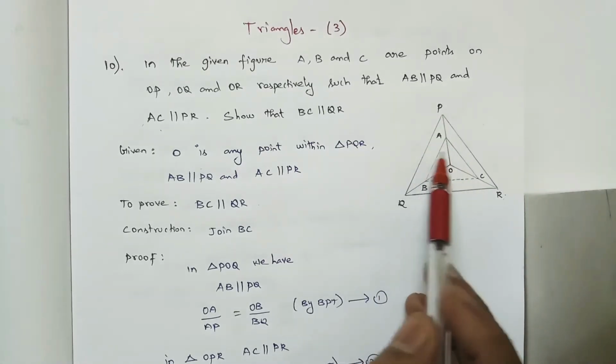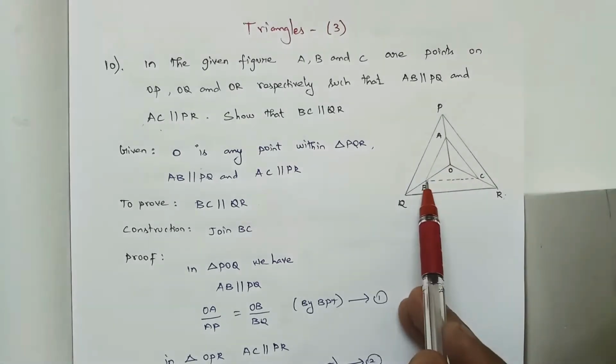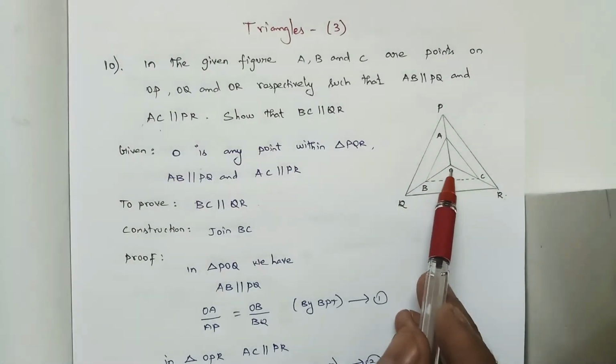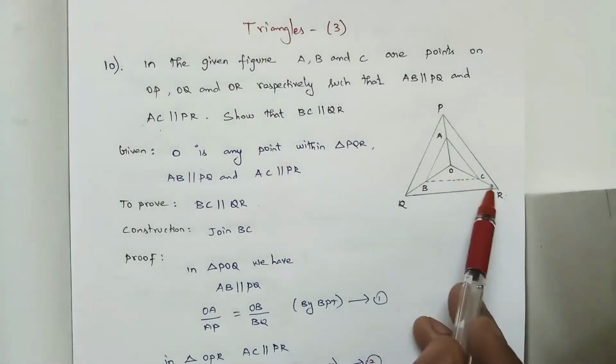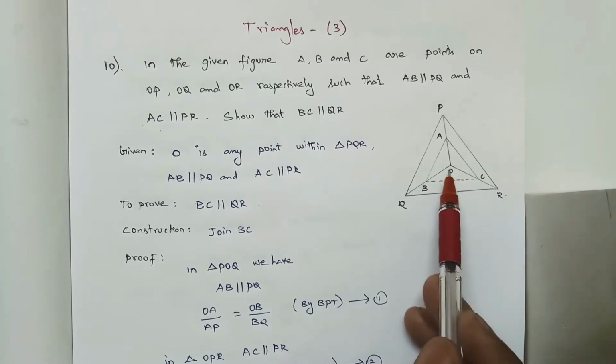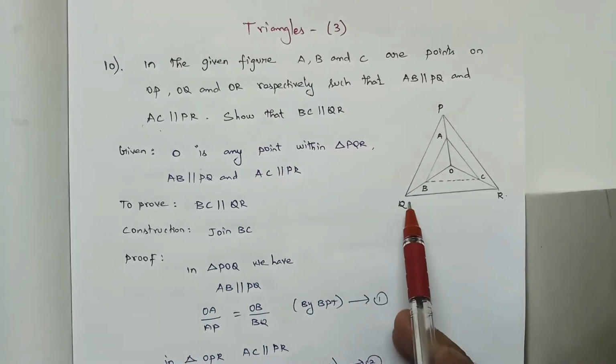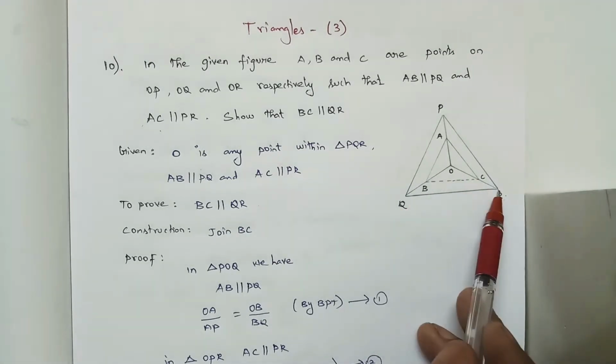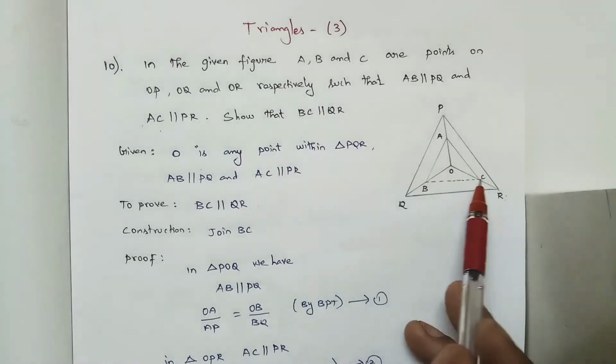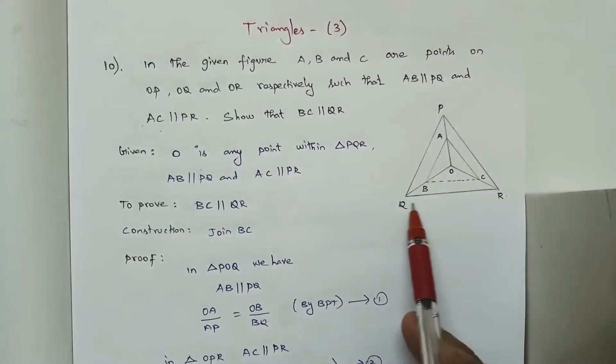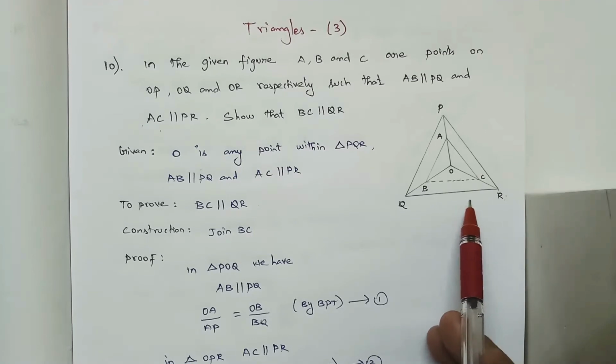Then we can say that OB by BQ is equal to OC by CR. When the ratio OB by BQ is equal to OC by CR, the line BC is parallel to QR. Understood? Then only we are going to do that.